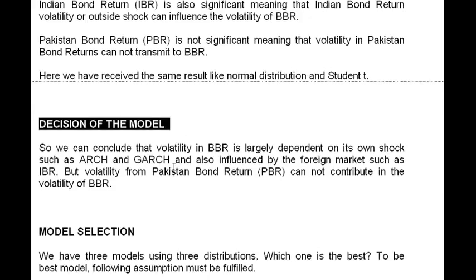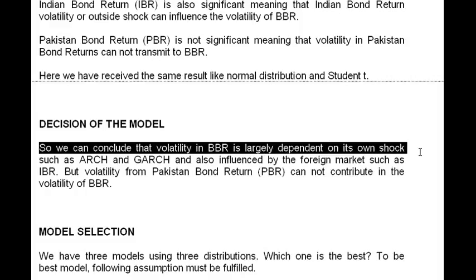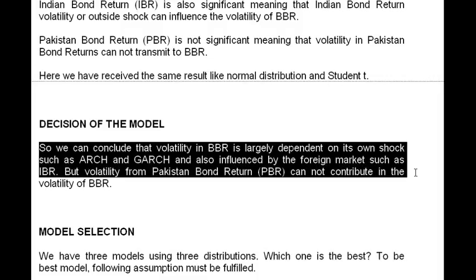We can conclude that volatility in BBR is largely dependent on its own shock, such as ARCH and GARCH, and also influenced by the foreign market, such as IBR. But volatility from Pakistan bond return cannot contribute to the volatility of BBR.